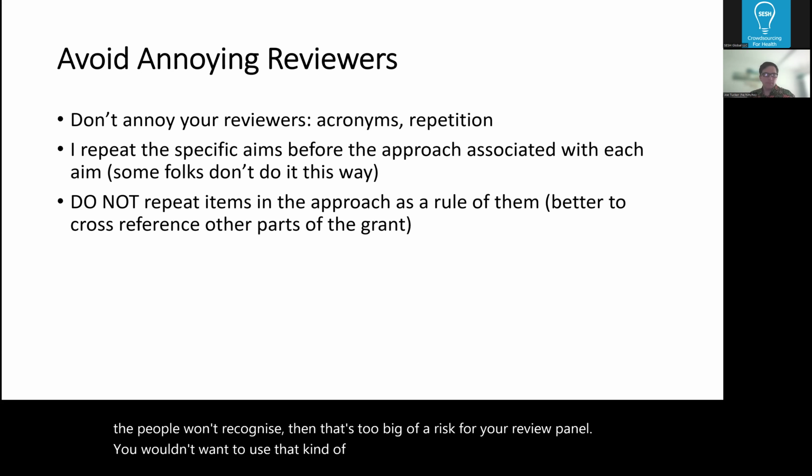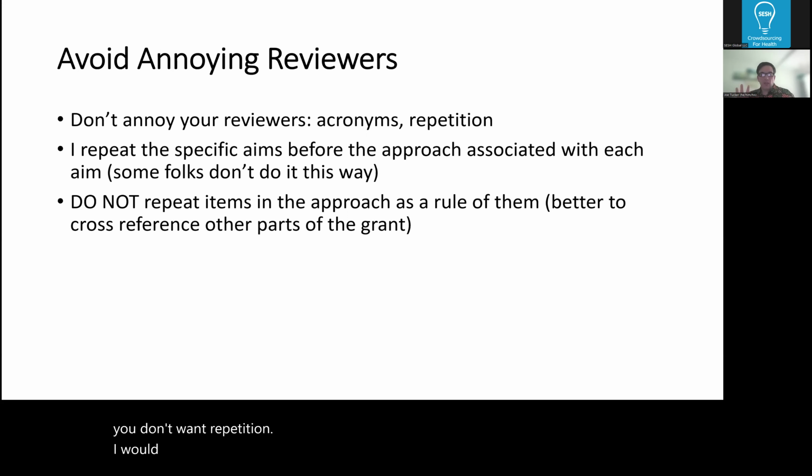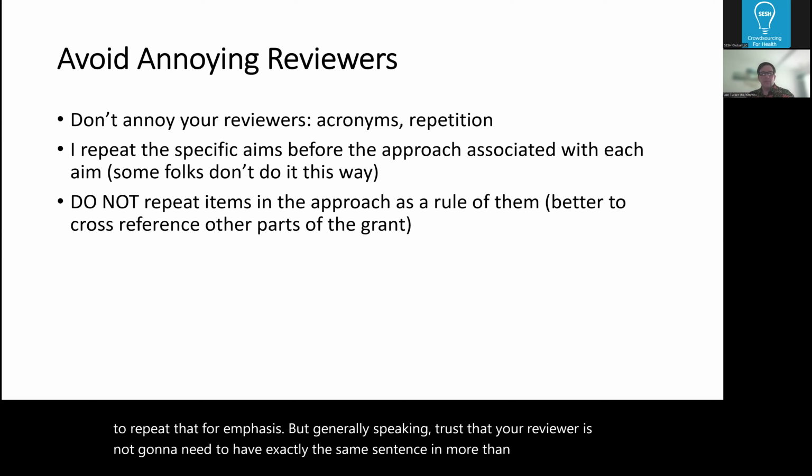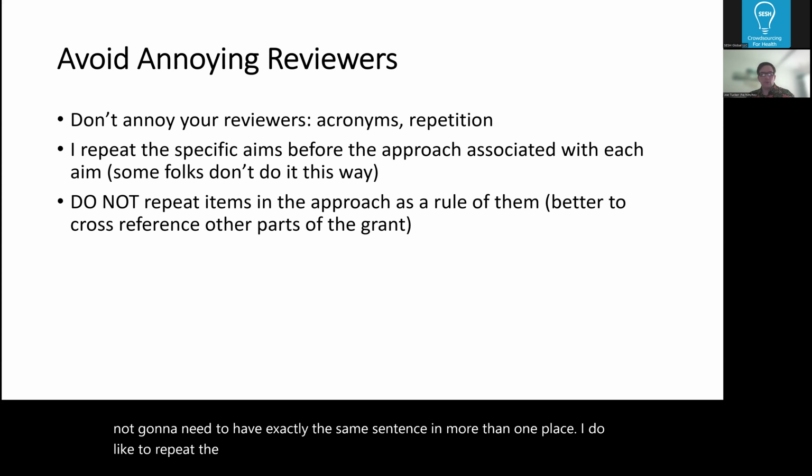You also don't want, generally, repetition. I would put a caveat there that if there's a super important point, you may want to repeat that for emphasis. But generally speaking, trust that your reviewer is not going to need to have exactly the same sentence in more than one place. I do like to repeat the specific aims before the approach associated with each aim.